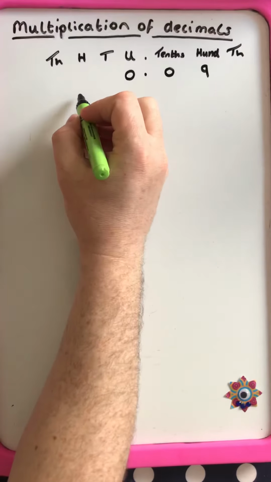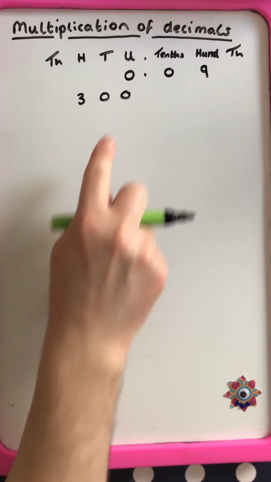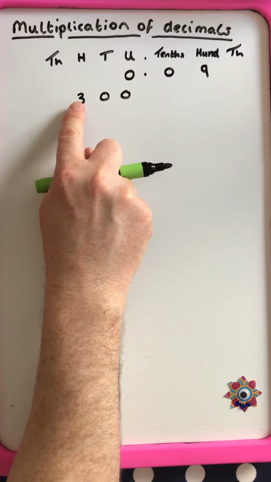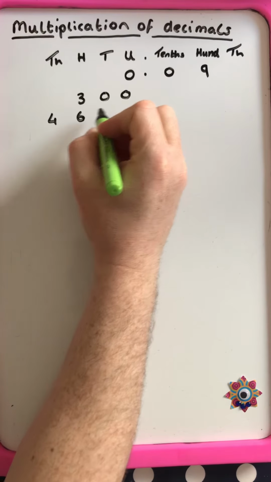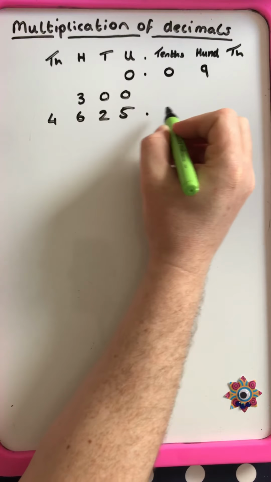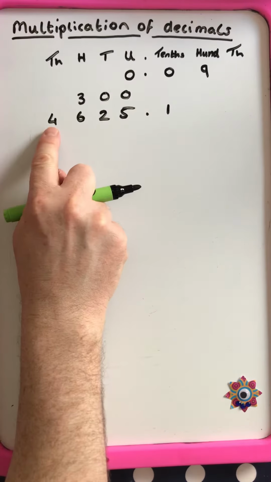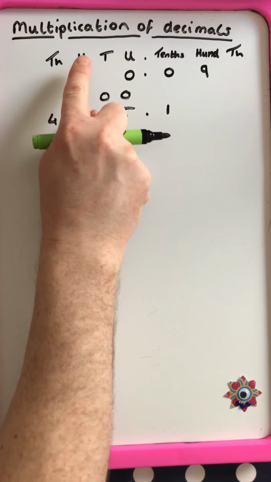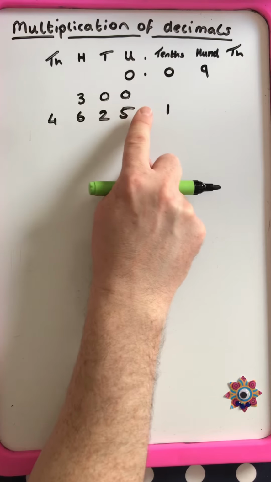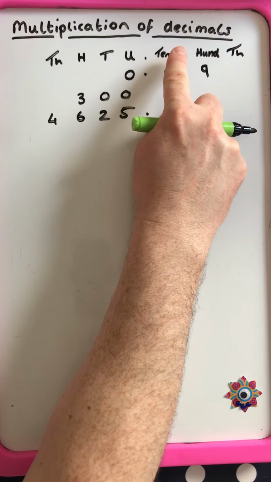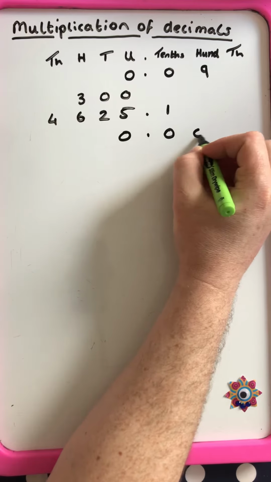In the same way, if it was a whole number, from the ones column, 300. And in the same way, 4,625, so that's 25 ones, and 1/10. So we're reading this from the ones column.